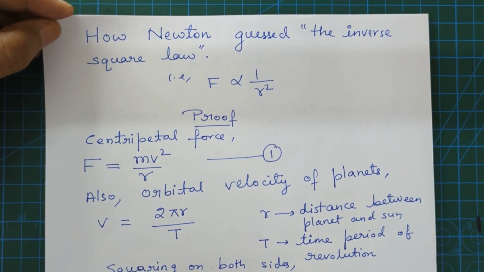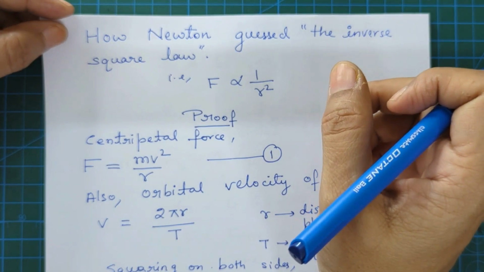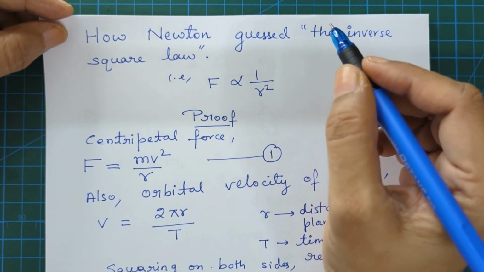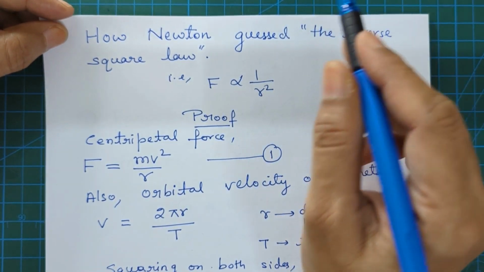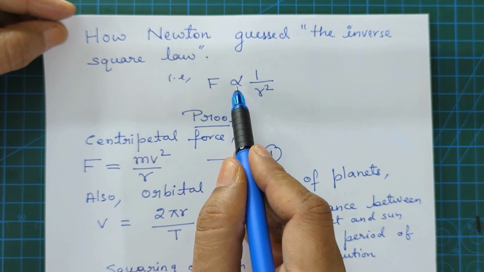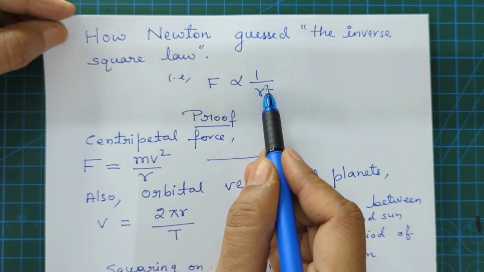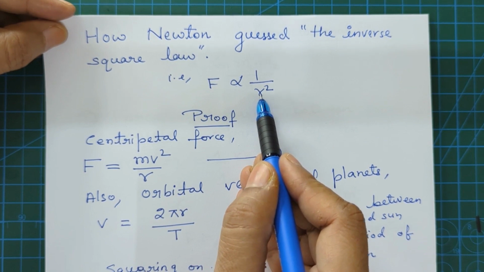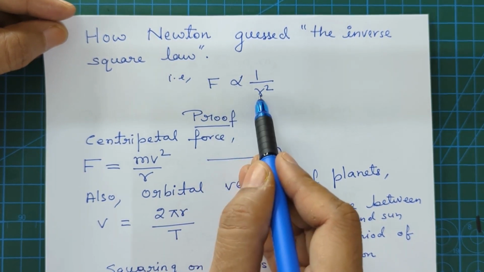In Newton's law of gravitation, in the mathematical expression, we saw that the force of gravity between any two masses separated by some distance is calculated using the formula F is equal to G m1 m2 by r square. It means the force of gravity is inversely proportional to the square of the distance of separation between the masses. So this relation was told by Newton.